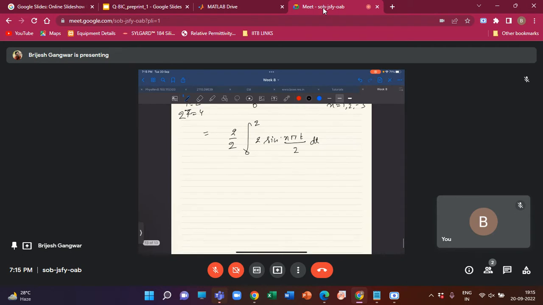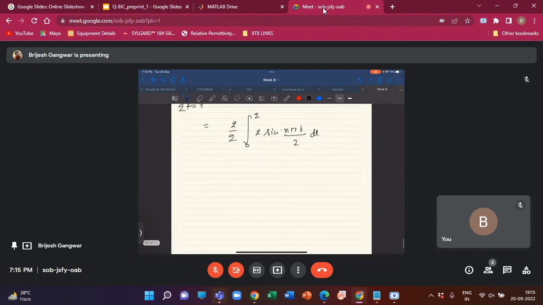Okay, so if you integrate this, you will get 2, and from here you will get cos n pi t divided by T and divided by this term, so it will become 4 by n pi.